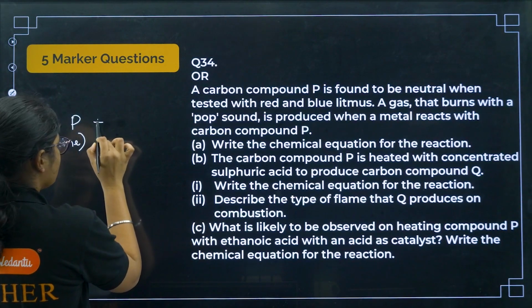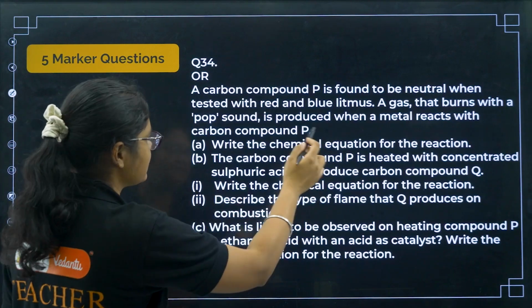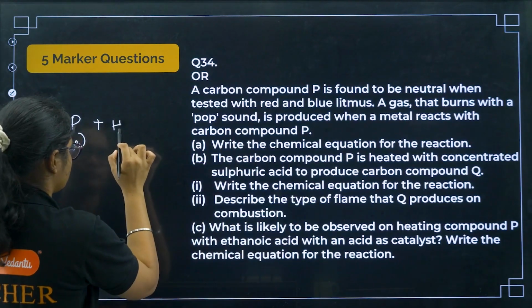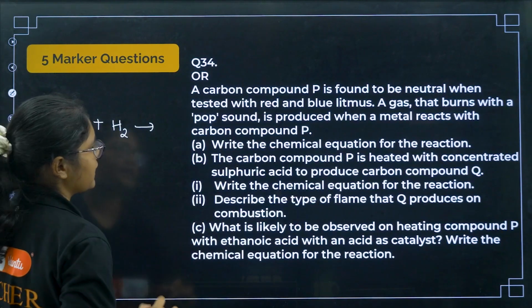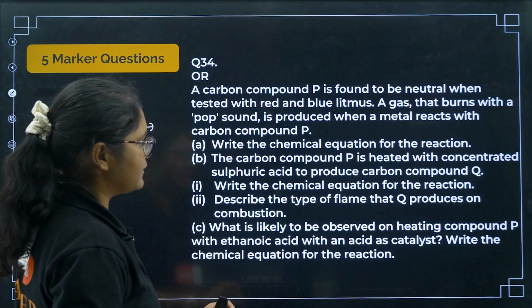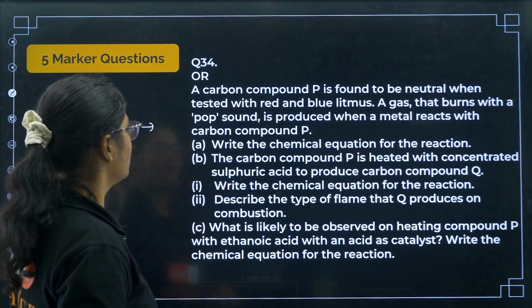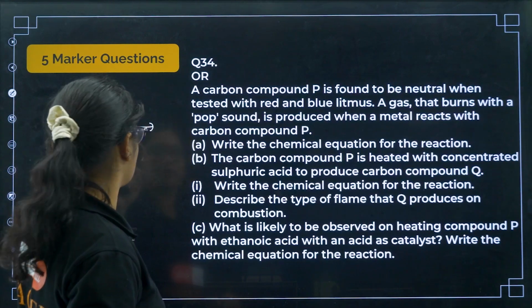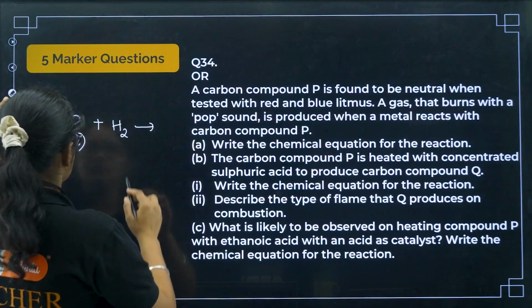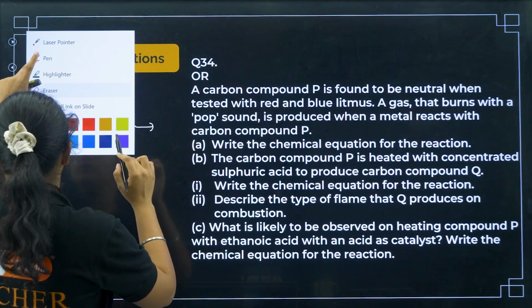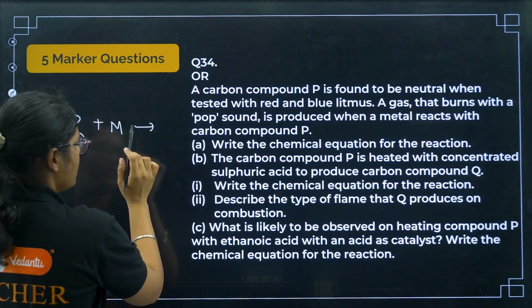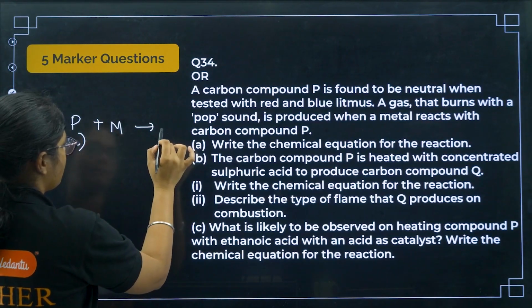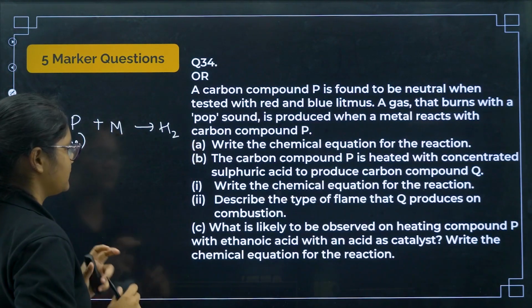The gas that produces a pop sound is your hydrogen. So here we have a metal, and when this metal reacts with the carbon compound P, we get H2 gas as a product, right?